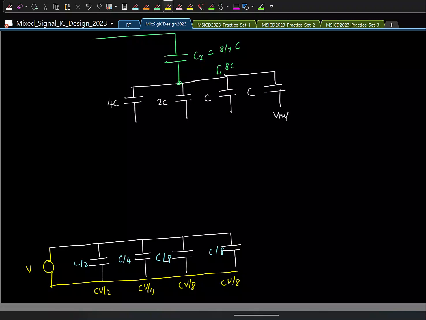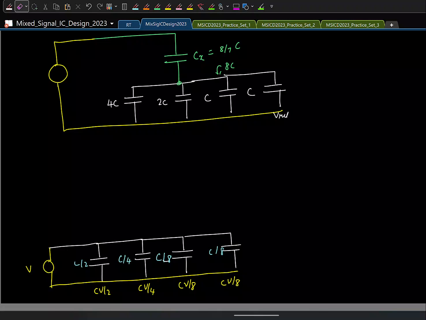So I'll do the same experiment. I'll connect across it like this, with the same voltage V. What is the total capacitance looking here? C. That's what we started off with. So what is the total charge the voltage source is providing? CV.